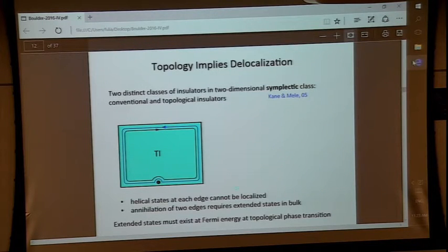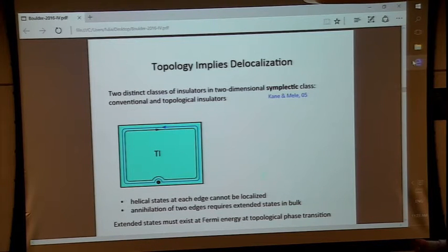Okay, so again, we have the same argument, right? I'm almost repeating myself because you see that the spirit is really very general. Because there exist two classes of insulators in the symplectic class in 2 dimensions that are topologically distinct, it immediately implies that there have to be extended states at the Fermi energy at the topological phase transition.